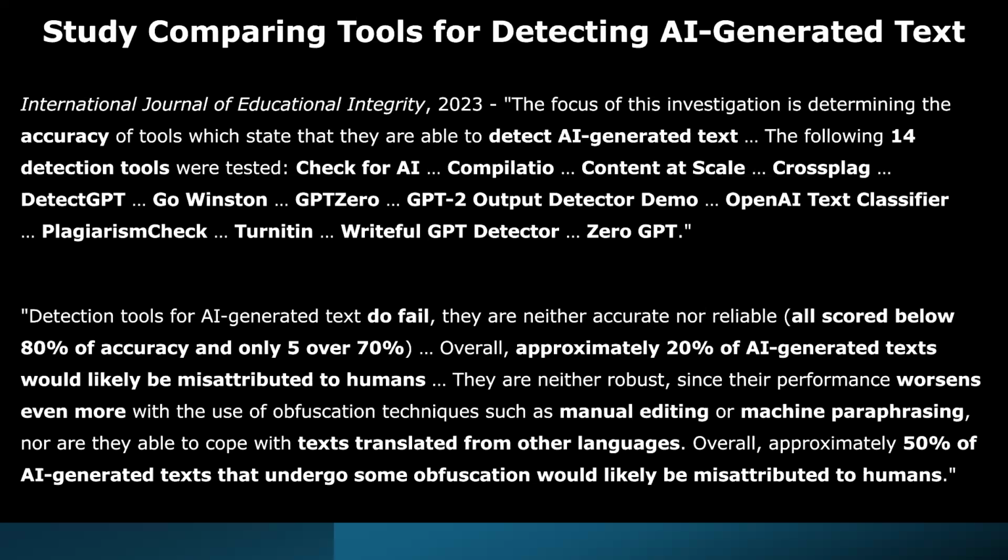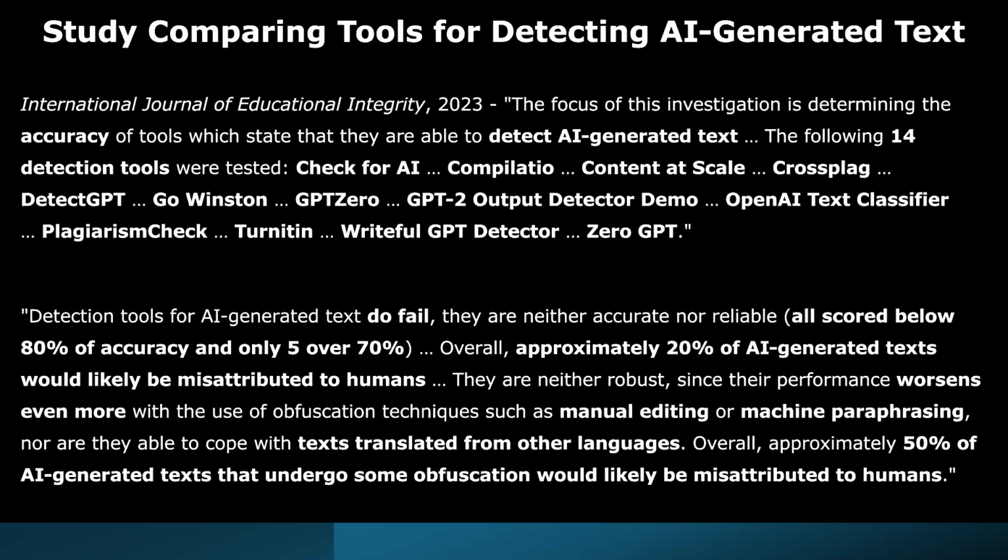A 2023 study from the International Journal of Educational Integrity further highlighted the limitations of AI detecting tools, establishing that, quote, the focus of this investigation is determining the accuracy of tools which state that they are able to detect AI-generated text.